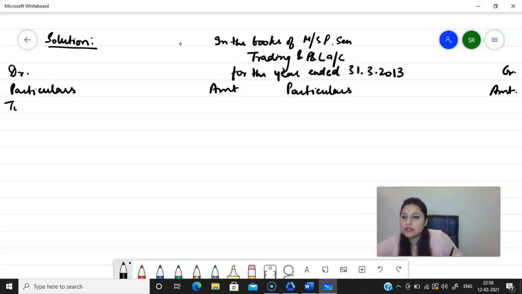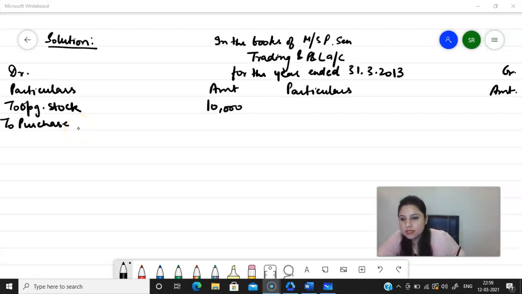So firstly, we have been given the opening stock. So here first and foremost would be to opening stock, which amounts to 10,000. And then we have the purchases. So to purchases, and the purchases that have been given to us is 1,60,000, and out of these 1,60,000 we have also been provided the return outward, so we have purchase returns also, amounting to rupees 10,000.